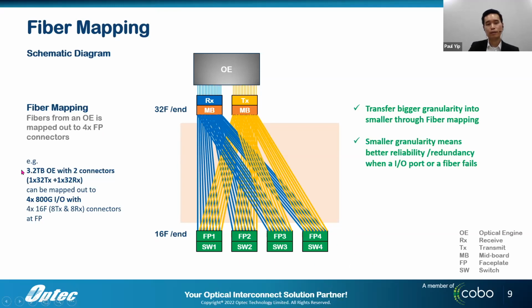If it is a 3.2 terabit OE, each of these connectors will get 800 gigabit. The bigger granularity is transferred into a smaller granularity, which is always good for reliability concerns. Also, if one port fails, the other 3 ports are still connected with the OE. So this is the fiber map.